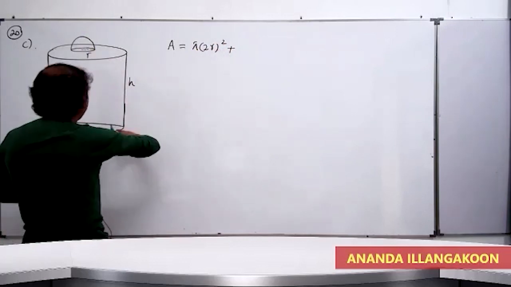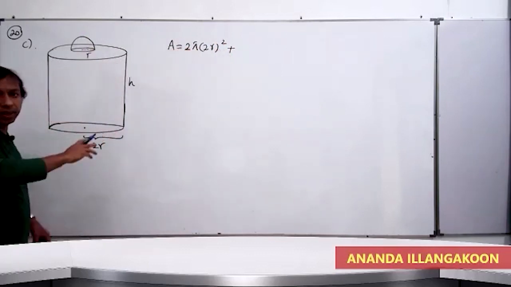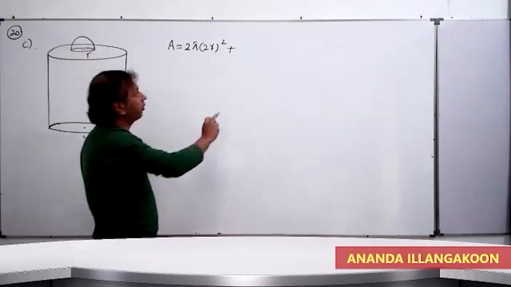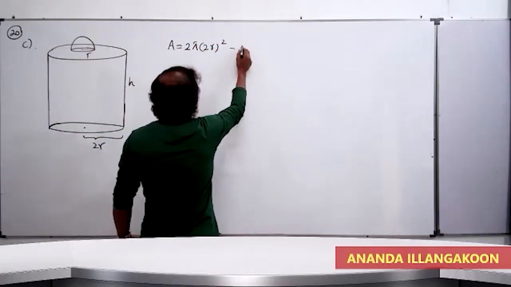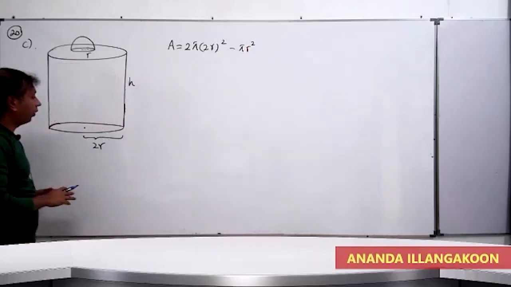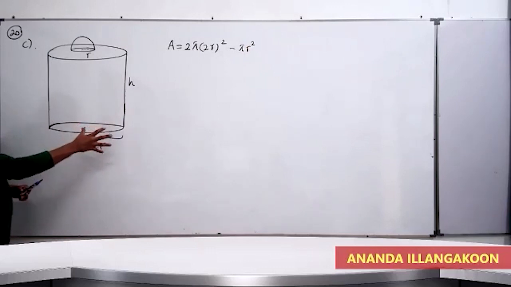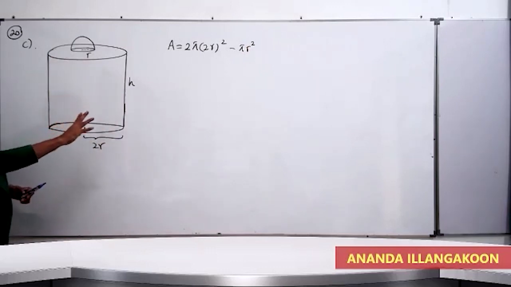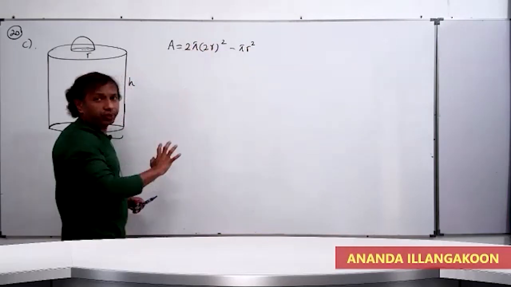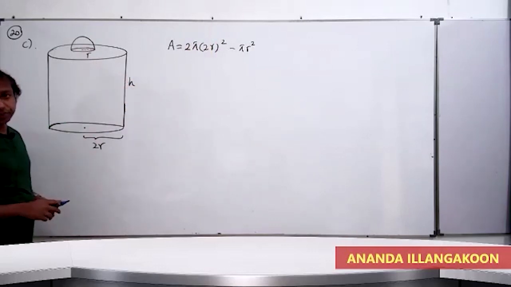Then the same area, I multiply by 2. Now this bottom is pi times 2r squared, top also pi times 2r squared. That is why I multiply by 2, pi times 2r squared. But there's a hole here that I have to subtract, pi r squared.